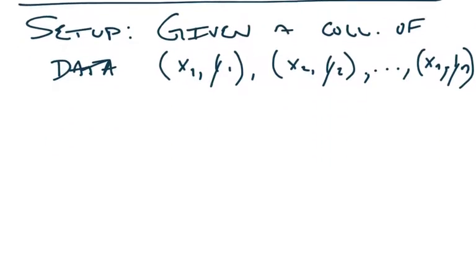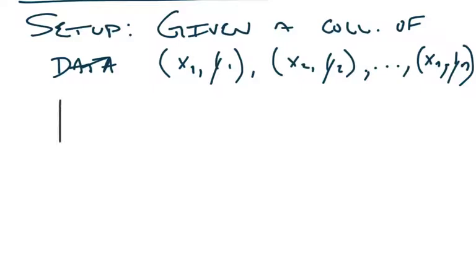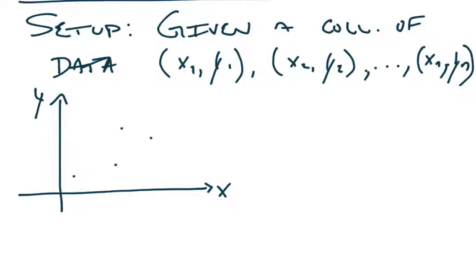And the idea is that you could plot these things in the plane. Let's say this dot right there is your first data point, and your second data point, your third data point, and so on. And you've got a bunch of these things scattered throughout the plane for different values of x and different values of y.